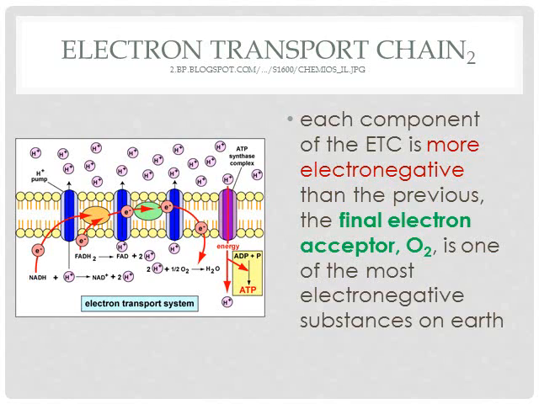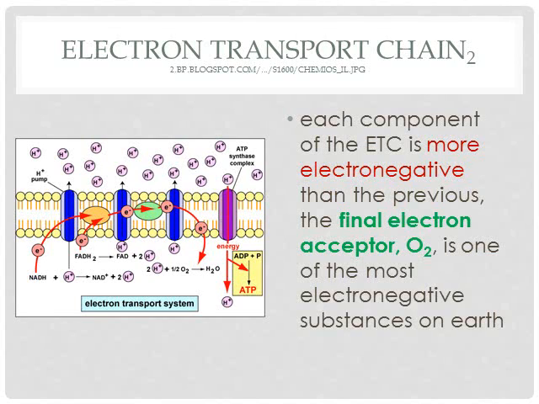It's kind of like having a series of people in a tug of war chain, where the first is the weakest and the one at the end is the strongest, like your anchor in a tug of war. So the guy at the end is going to have the strongest hold on those electrons.